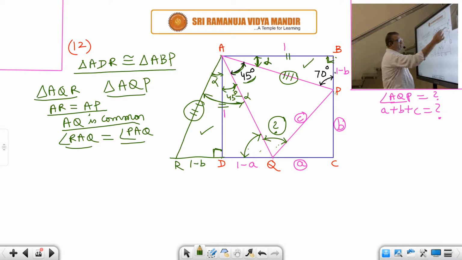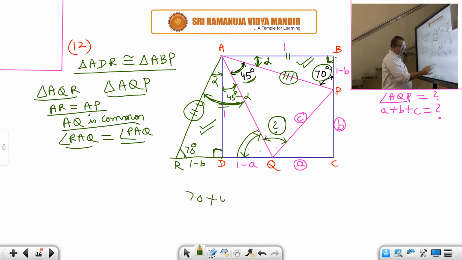This is 70 degrees, originally given. The same triangle we have constructed here, so this angle is also 70. So what is the remaining angle? Here it is 45, here it is 70, two angles in the triangle ARQ.